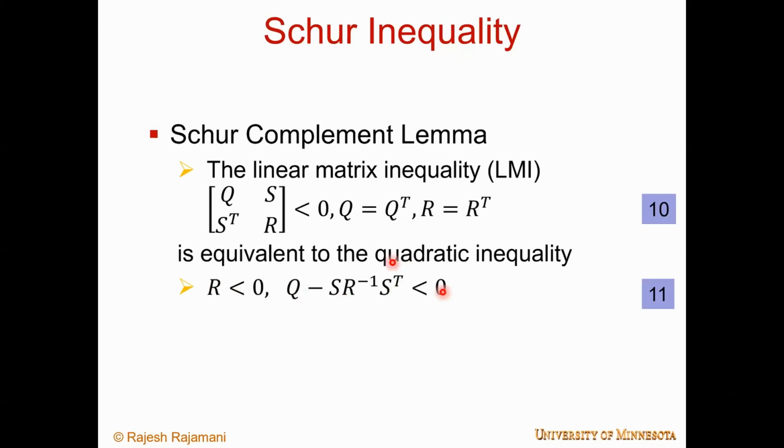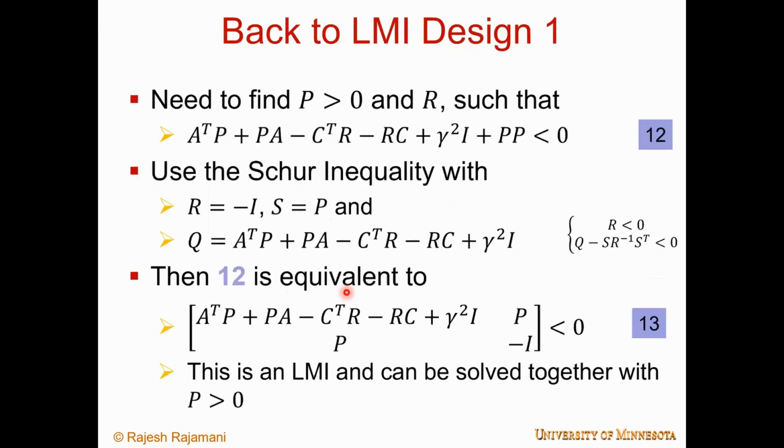So this is the quadratic inequality, and this is just a linear inequality. So this LMI is equivalent to these two conditions. You can basically convert a quadratic inequality to an LMI by using the Schur complement lemma.